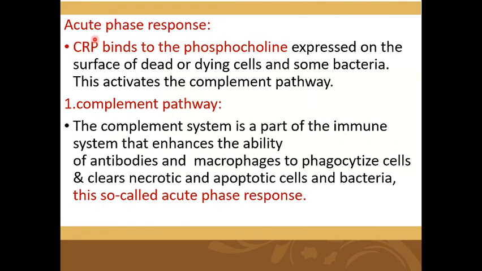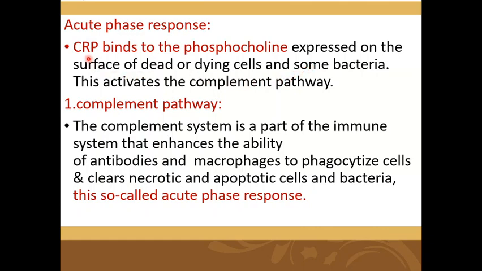Acute phase response. C-reactive protein binds to the phosphocholine. You have studied lipids, right? Choline, remember? Phosphocholine is expressed on the surface of dead or dying cells and some bacteria. There is inflammation, there is cell death, or dying cells, and some bacteria which have infected your skin or any other part, and the inflammation is there.